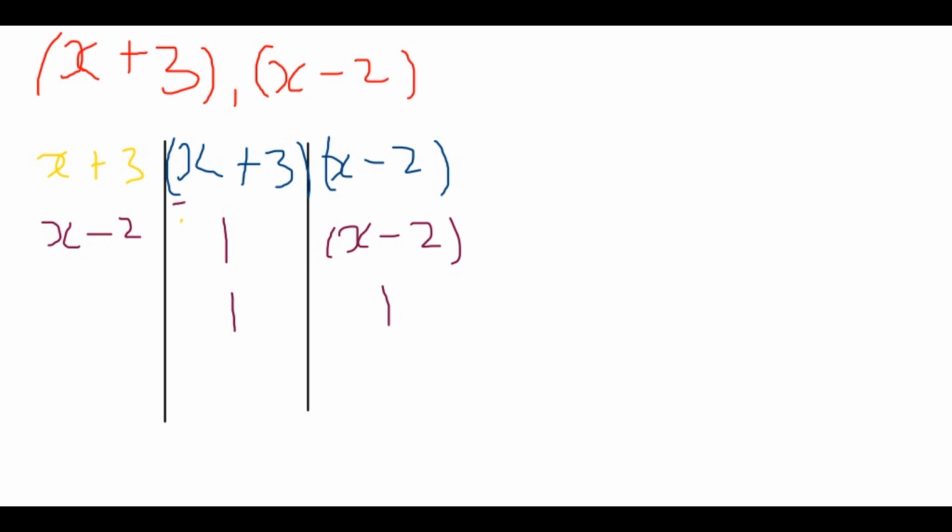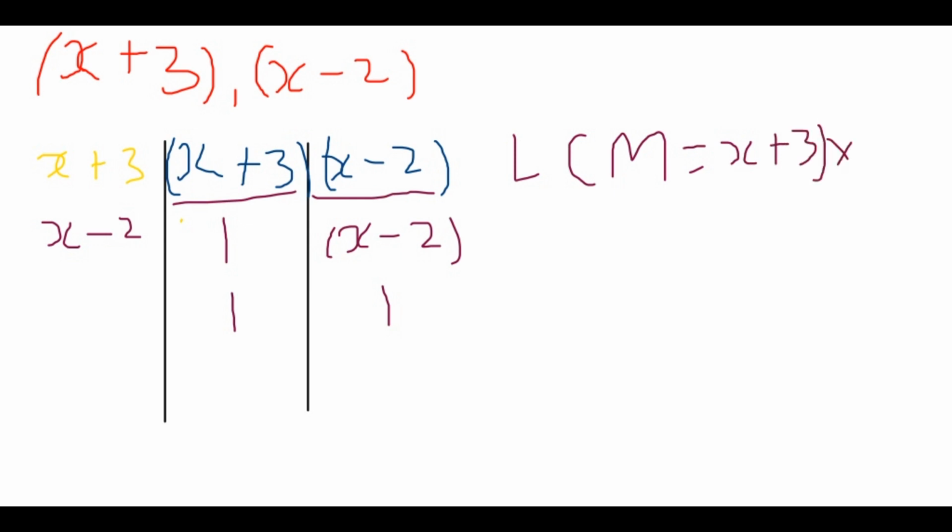So since we have reduced both terms to 1, we can now multiply everything to get the LCM. So therefore, the LCM is equal to x plus 3 in one bracket, times x minus 2, also in one bracket.